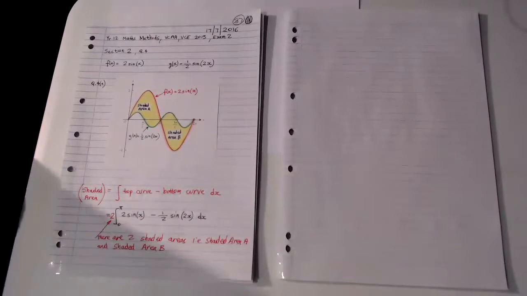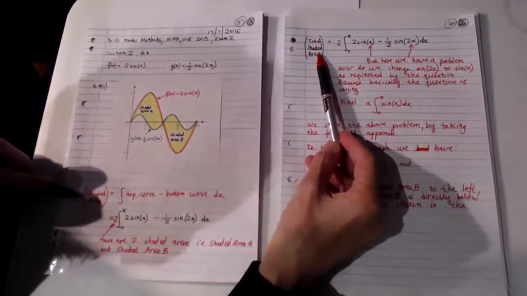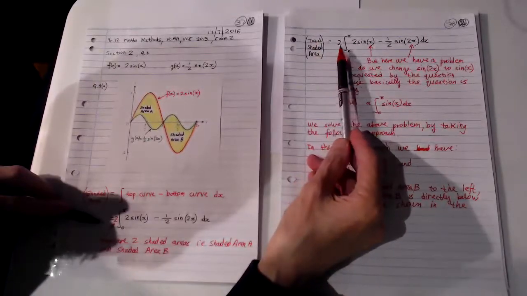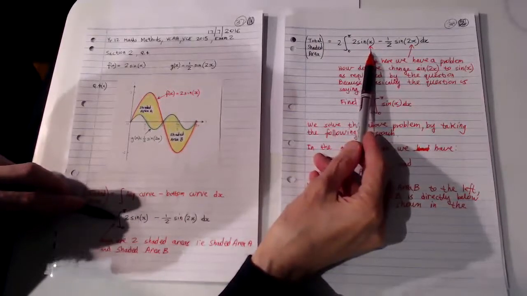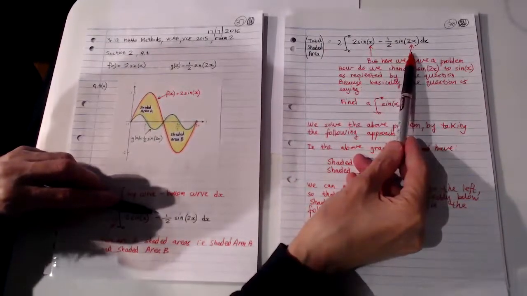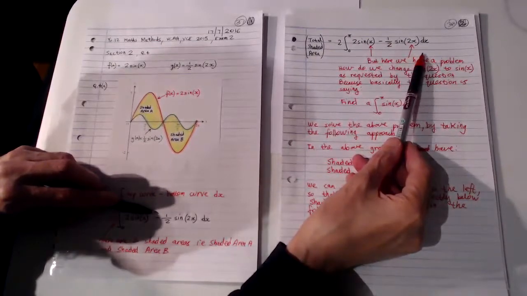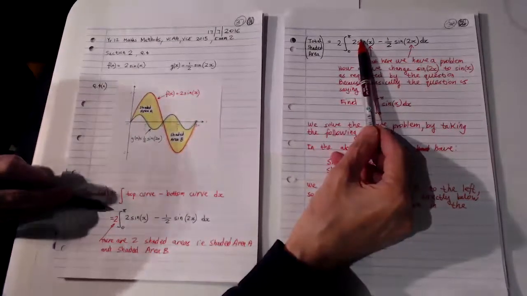So the total shaded area is equal to 2 times the integral of 2 sin x minus 1/2 sin 2x with respect to x between 0 and π.